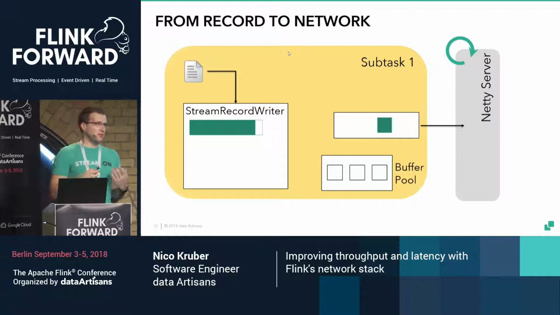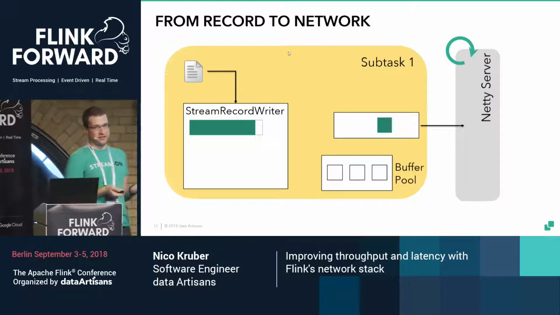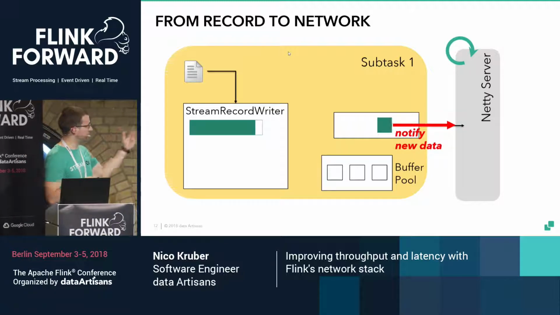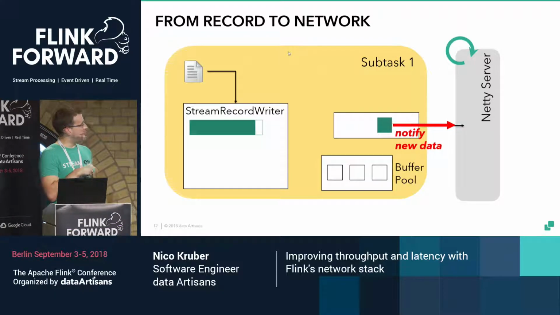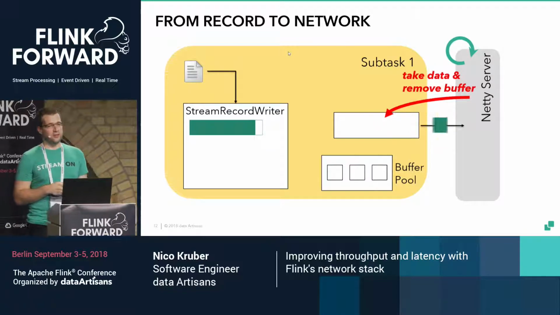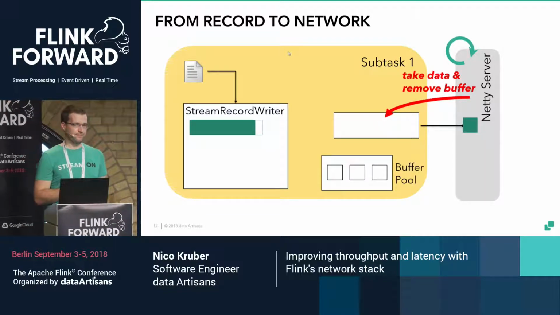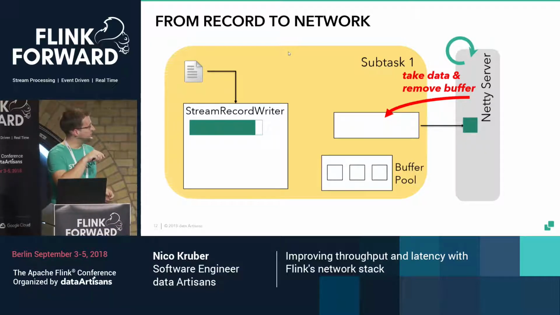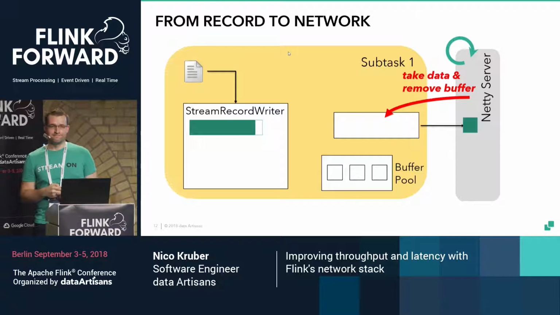It will copy as many bytes as are available. And if the buffer is full, then we notify the Netty server that there's a buffer, please take it and send it out. And it will do so eventually, whenever this event loop has time for that.